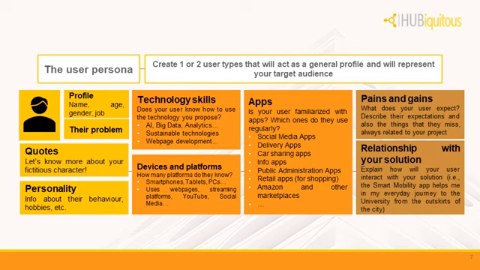And then we are going to start with the technological skills and the technological part of your user persona. So first of all, you have to put the technology skills. At this point, you are going to describe if your user knows how to use the technology that you are proposing. For example, if you're proposing an app that uses augmented reality, maybe your user should be familiarized with that kind of apps.